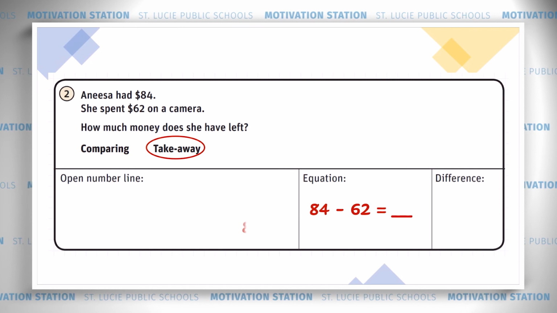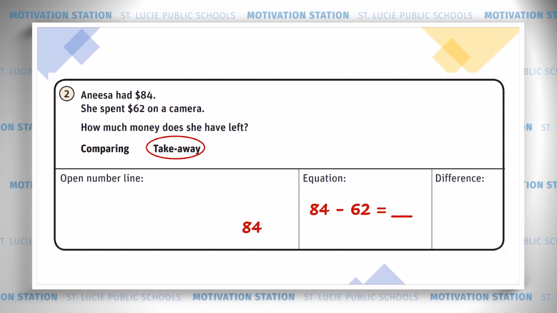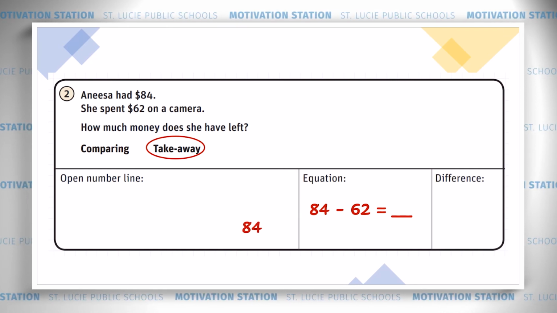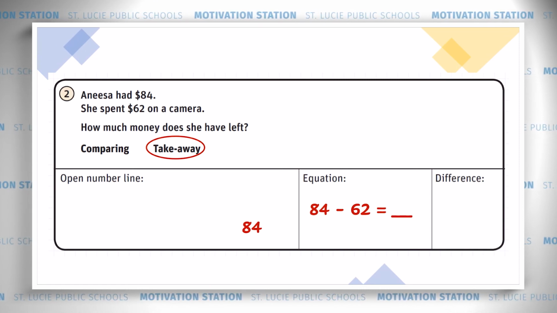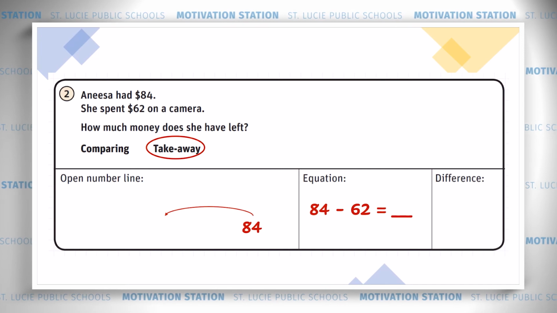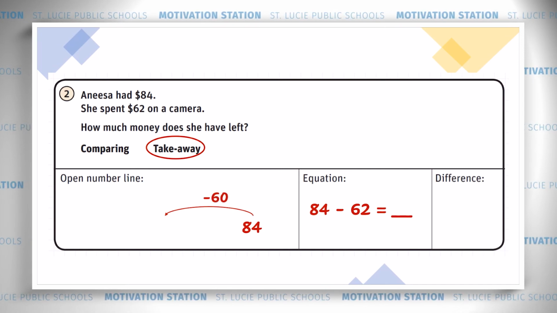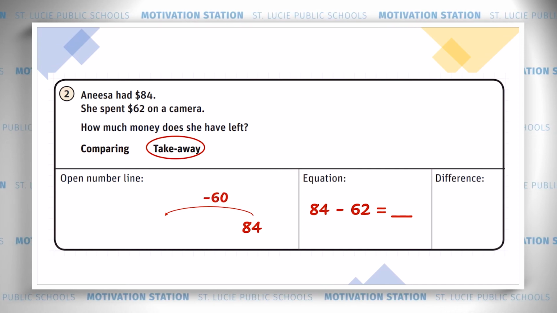For our open number line, we're going to start with 84. We're going to take away 62, but we're going to do it by breaking the 62 up into 60 and 2. So our first jump is a big jump of minus 60. 84 minus 60.